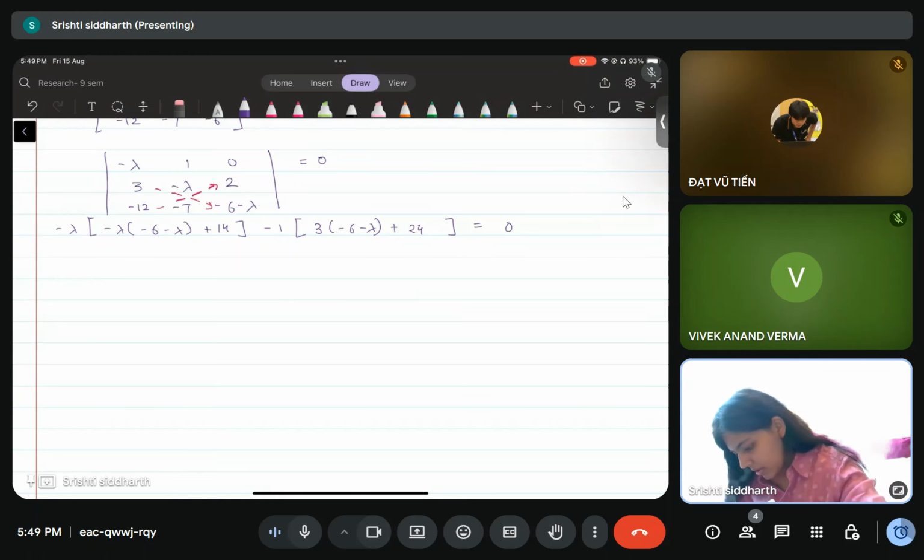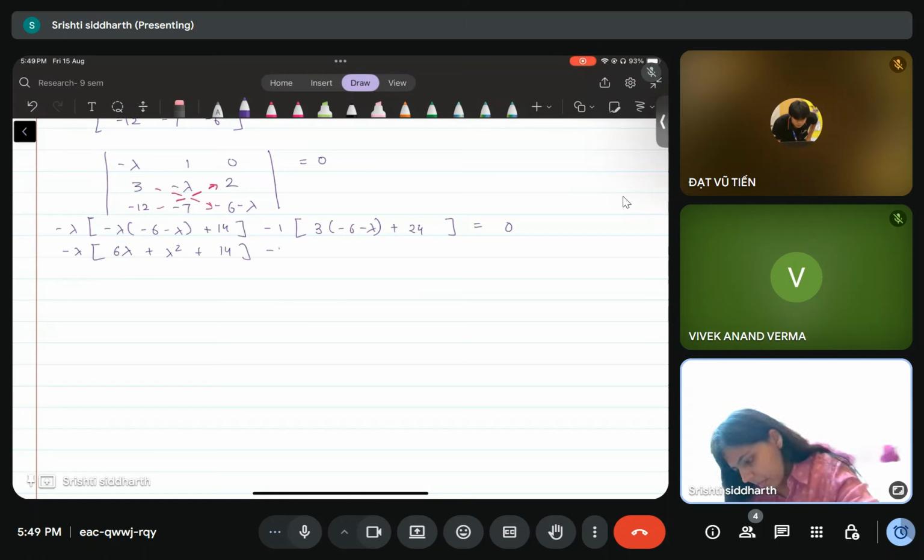So let's expand this. This is minus lambda. Let me just write this in a standard form.